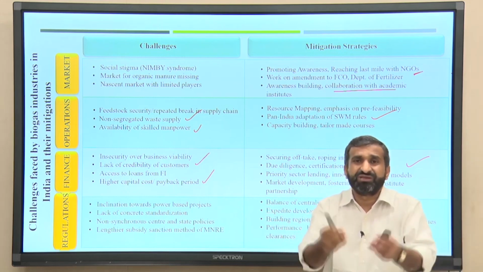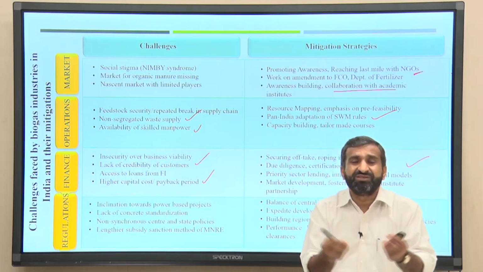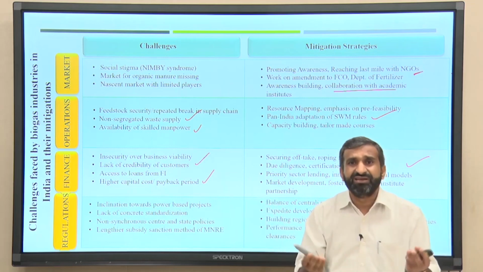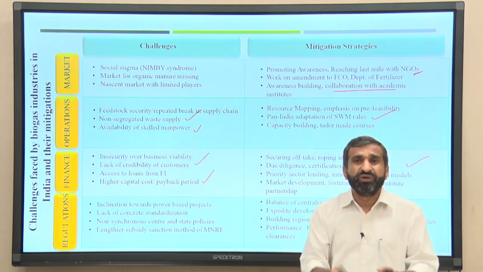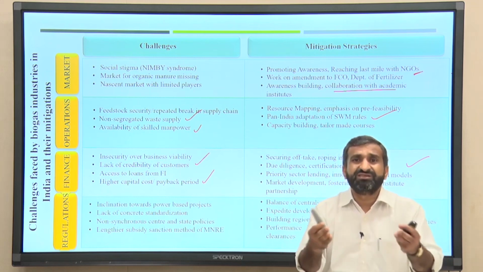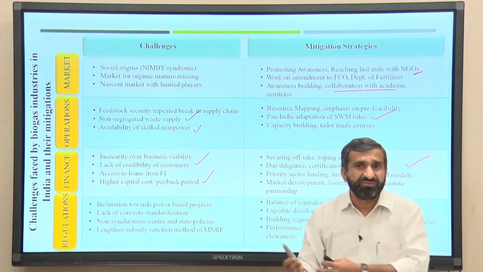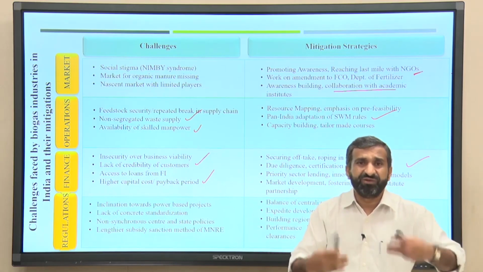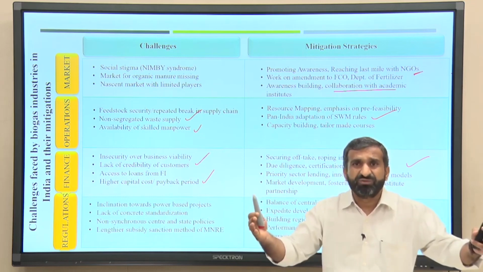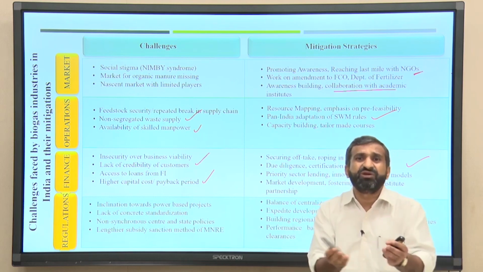Whatever residents are available, maybe 20 families or 25 families, you will be able to make them aware very easily by showing what the problem could be once waste is not segregated and reaches the landfill. So people will be more aware in a small community and can have a small reactor in that particular apartment.